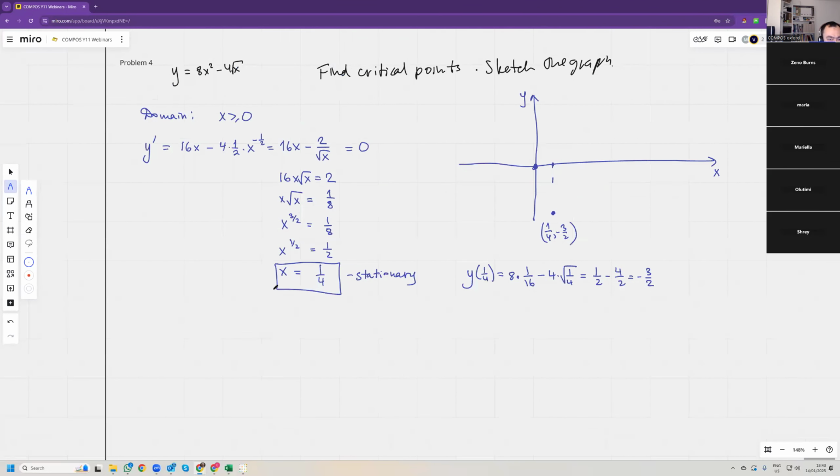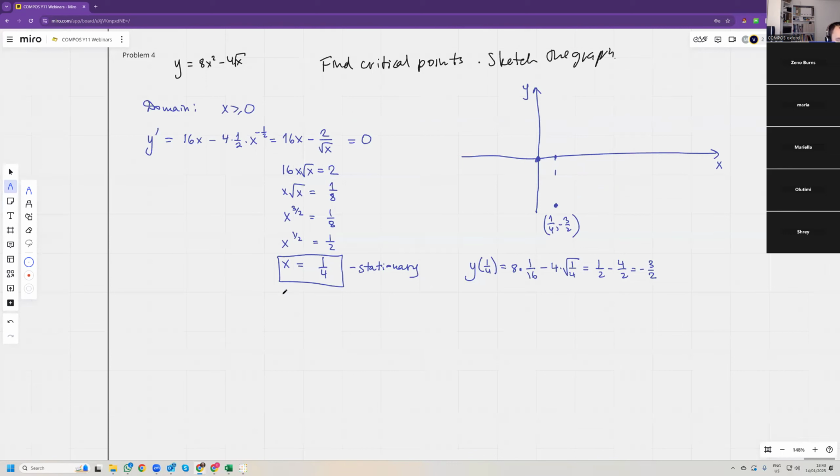So let's do this at point 1/4, second derivative. Well, y double dash. So you can differentiate that. So that would be 16 minus 2 times minus 1/2 multiplied by x to the power minus 3/2.